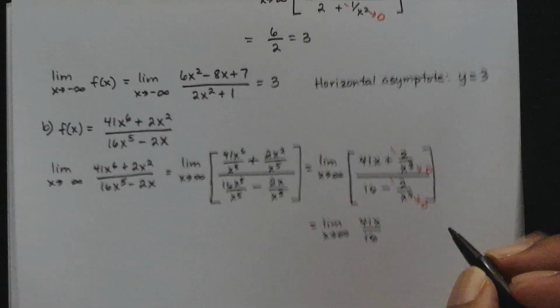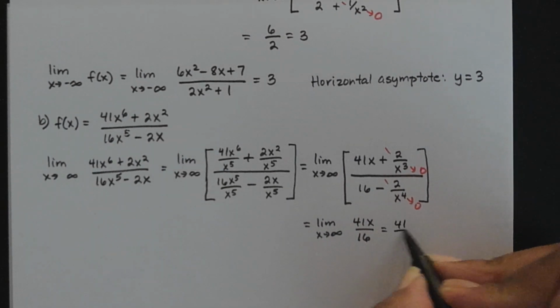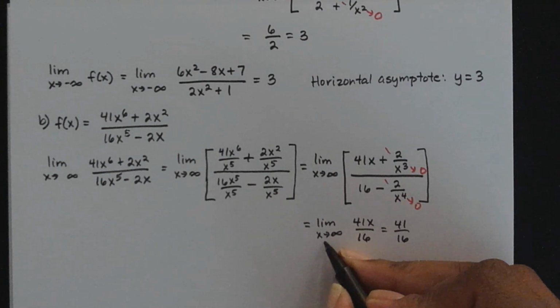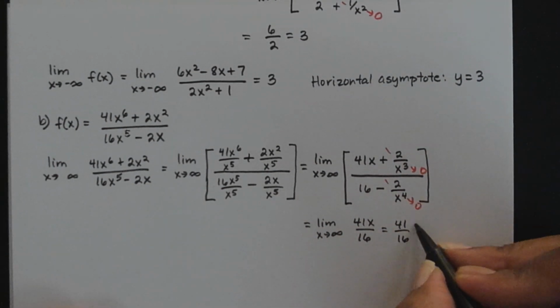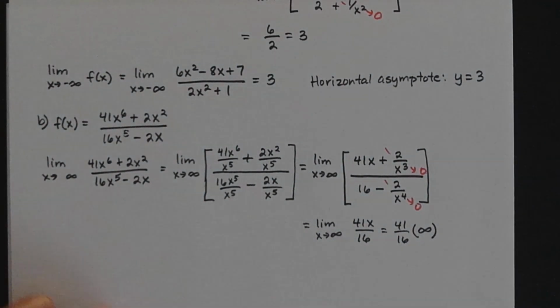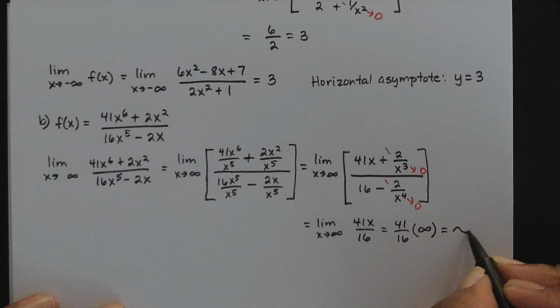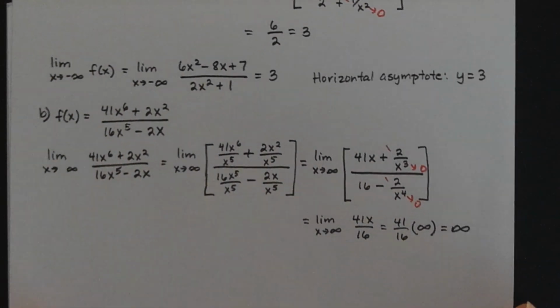And that 41 over 16 is a constant. As x approaches infinity, this x will be going to infinity. And 41 over 16 times infinity ends up being infinity.